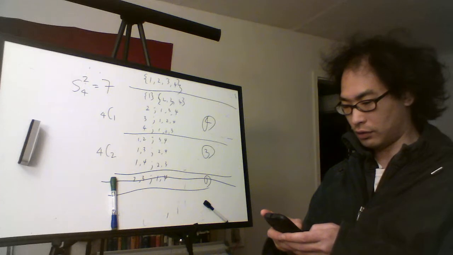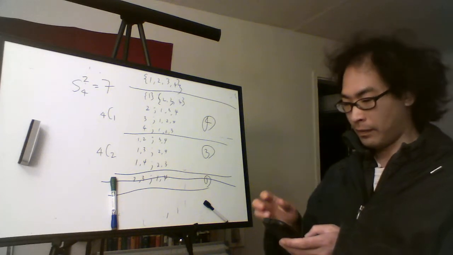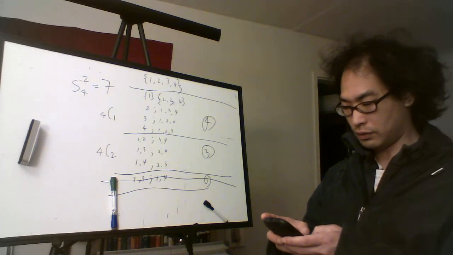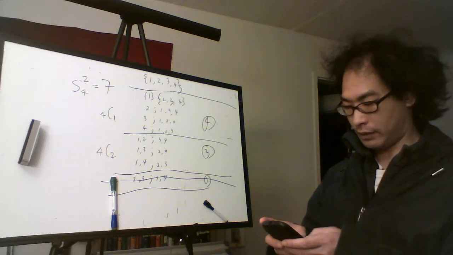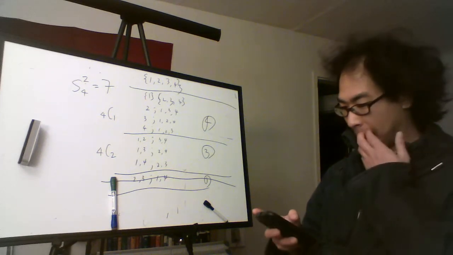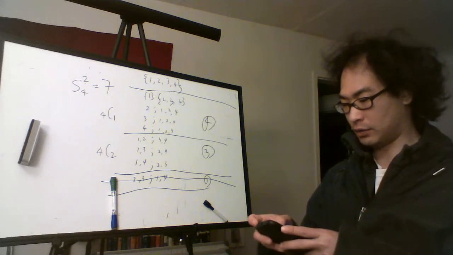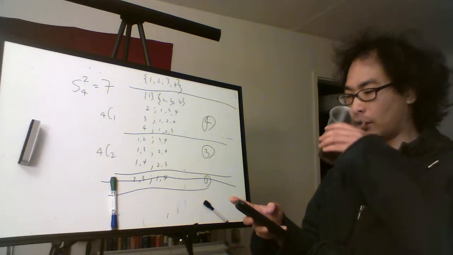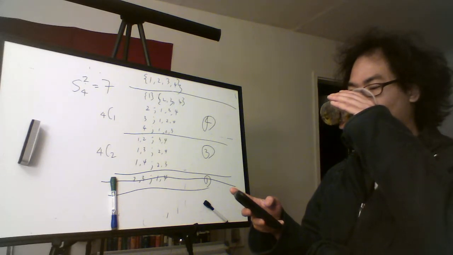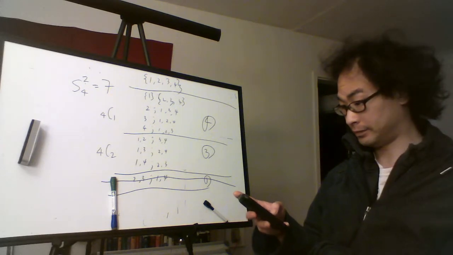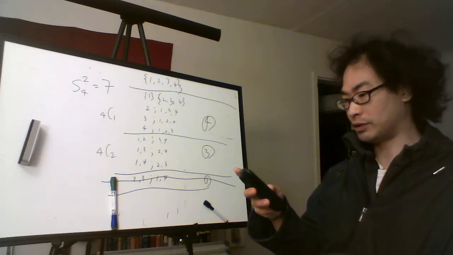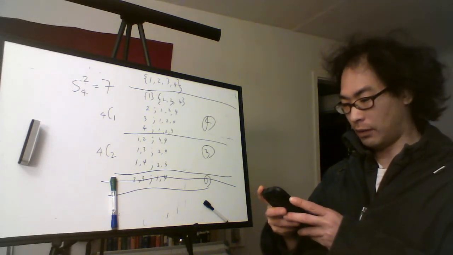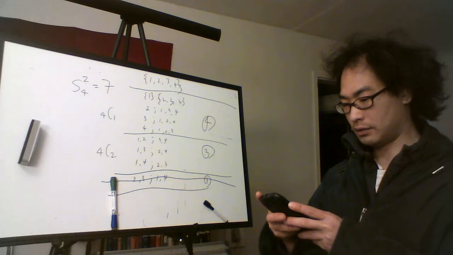We'll look at the formula and then do it on our own. That's totally fine. So, Stirling number of the second kind.